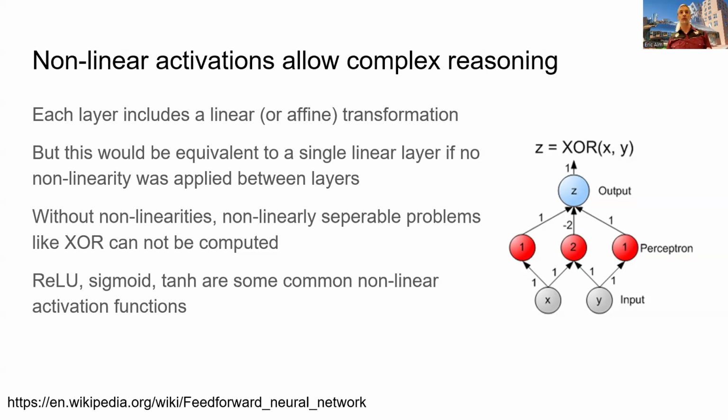But if they're both true, then I want to map to false. There's no way I can do that with a linear model, right? However, if I have a model like the one shown, where that middle layer is nonlinear, so if the value coming in is below the threshold shown, then it's going to output 0. And if it's above the threshold shown, then it's going to output 1.